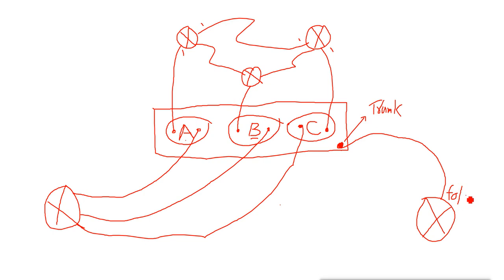I can create multiple logical interfaces: one interface for VLAN C, then one for VLAN B, and one for VLAN A.